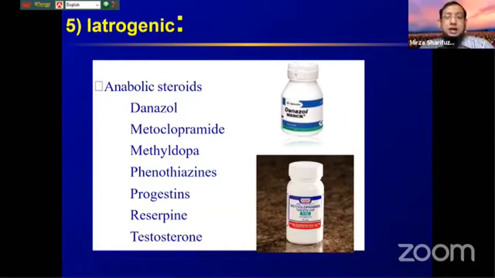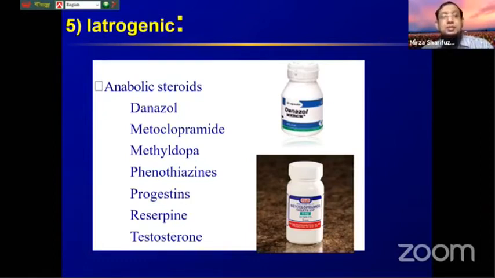The phenothiazine group of drugs can cause it, and progestin is quite commonly used in OCP. So patients who are receiving oral contraceptives may have hirsutism, as well as reserpine and testosterone. These are the drugs that can cause iatrogenic hirsutism. So we should take a history.